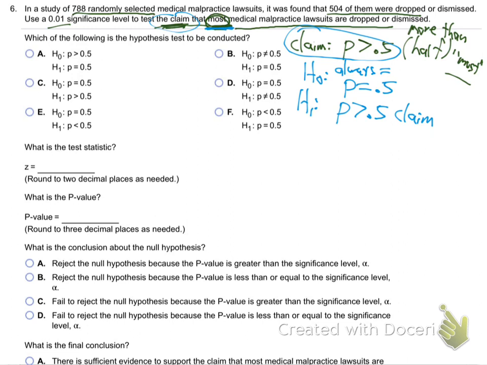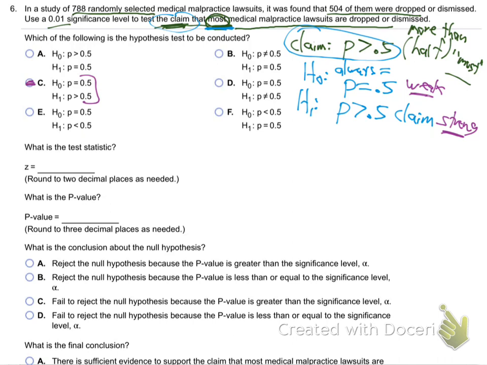And remember how evidence works. There'll be weak evidence here, strong evidence there. If the evidence ends up being weak, we'll go with the null. If it's strong, we'll go with the alternative. It's always that way. All right, so which one of these on number 6 is right? It'd be this one.